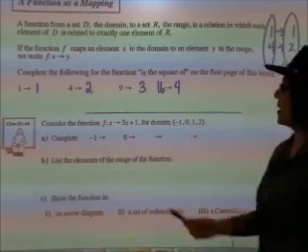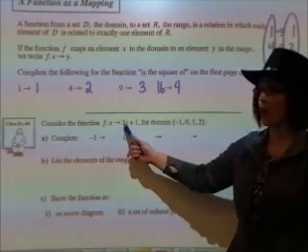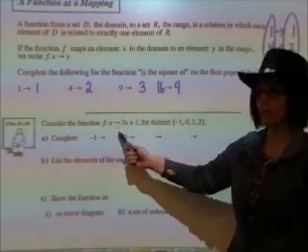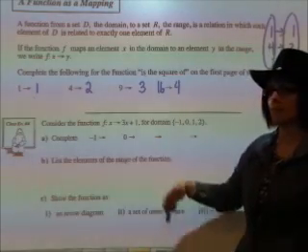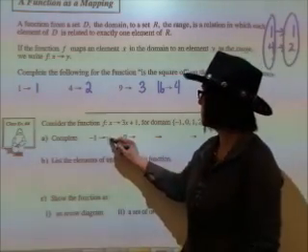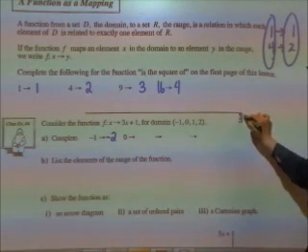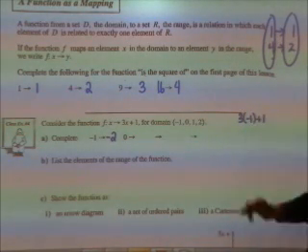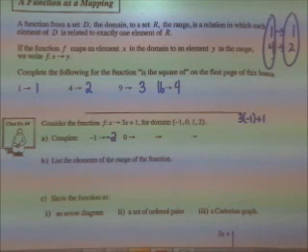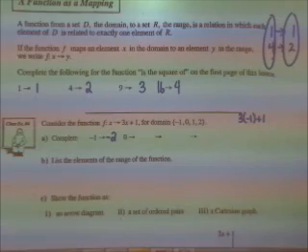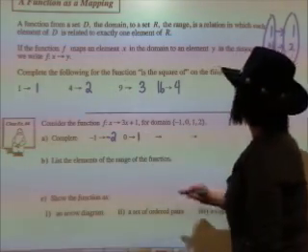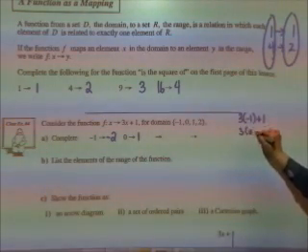So if I input -1 into this output, what would I get? -2. 3 times -1 plus 1. If I input 0, what do I get? 1. 3 times 0 plus 1.